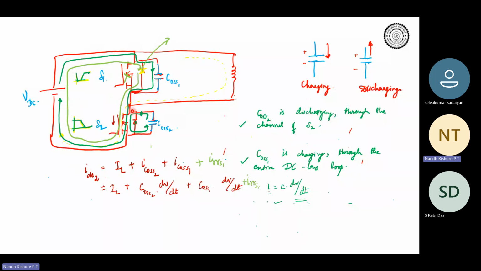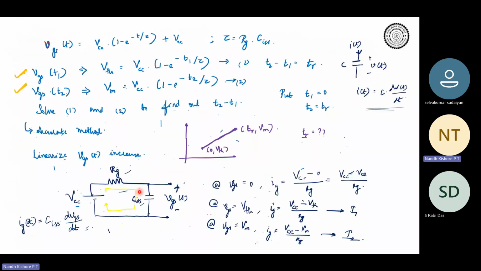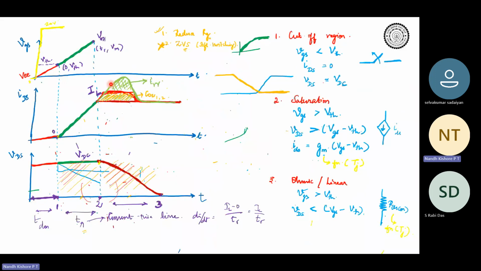So you see that IDS2, the channel current of S2, is now made up of the load current, reverse recovery current, COSS2 discharging current and COSS1 charging current. So we have three extra components over here, and that is what actually contributes to this overshoot. So this is the mechanism.